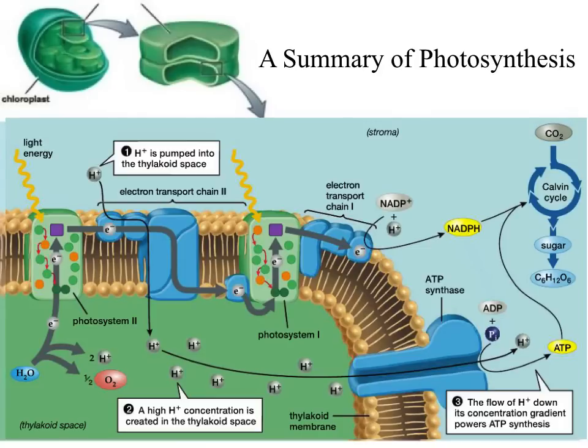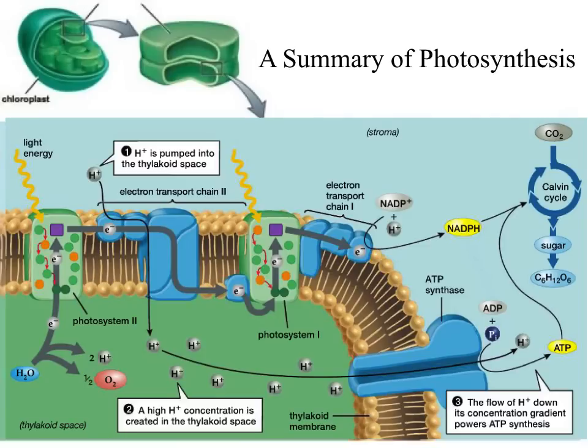Through the kinetic energy of those hydrogens as they swoop through the ATP synthase, it binds, it glues, it synthesizes ADP plus inorganic phosphate. It glues those two molecules and makes ATP, our primary energy currency.